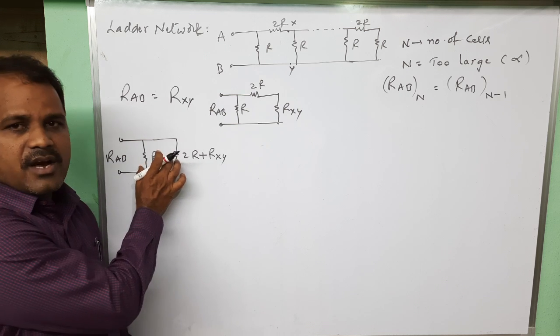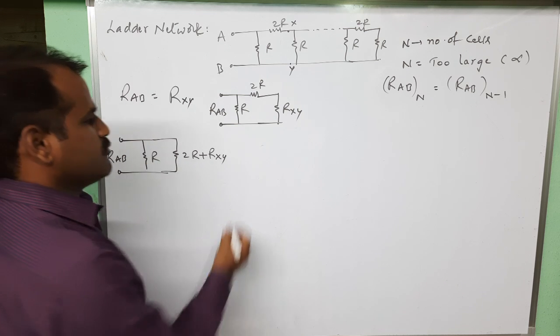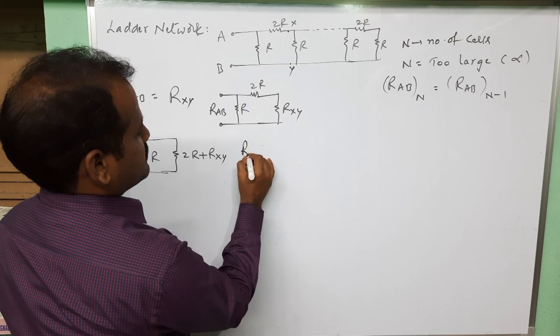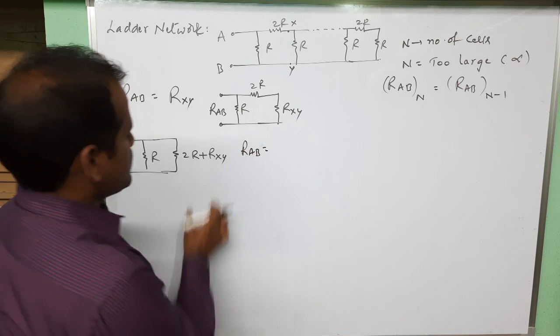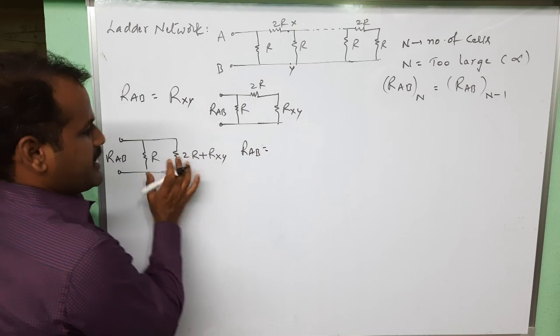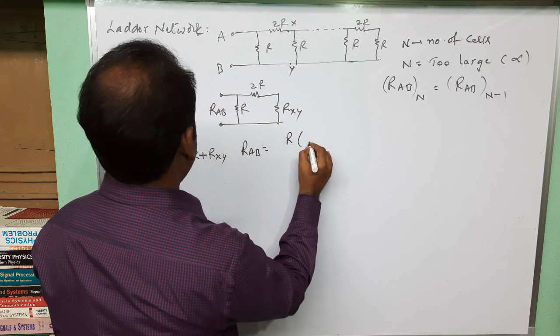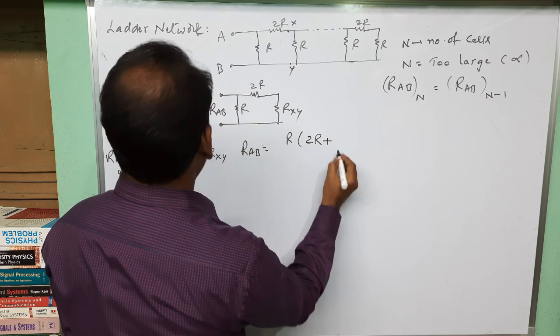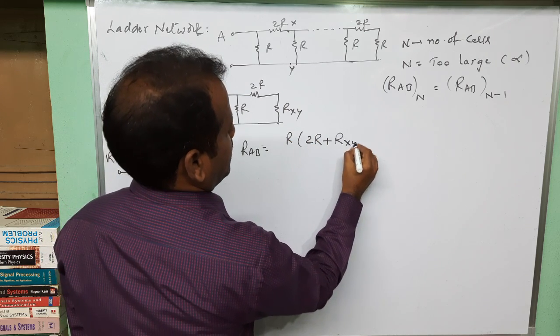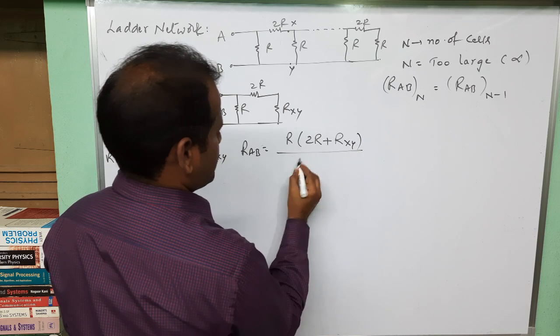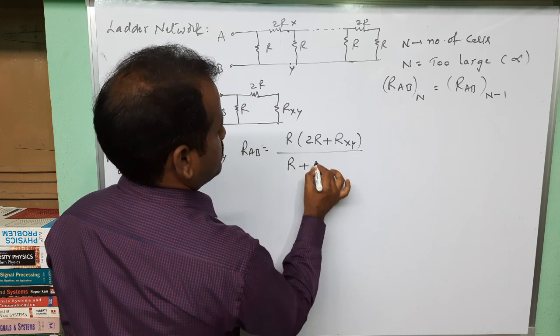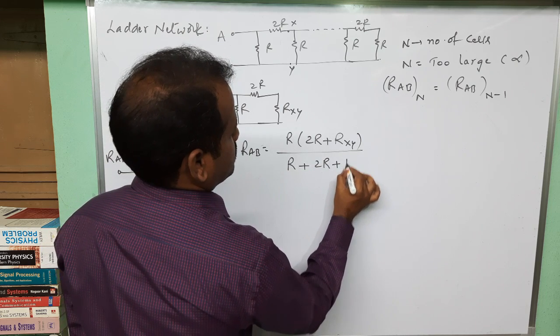Now these two are a parallel combination of resistors, for which the equivalent resistance is the product of these two divided by the sum of these two. So R into (2R plus RXY) divided by the sum, R plus 2R plus RXY.